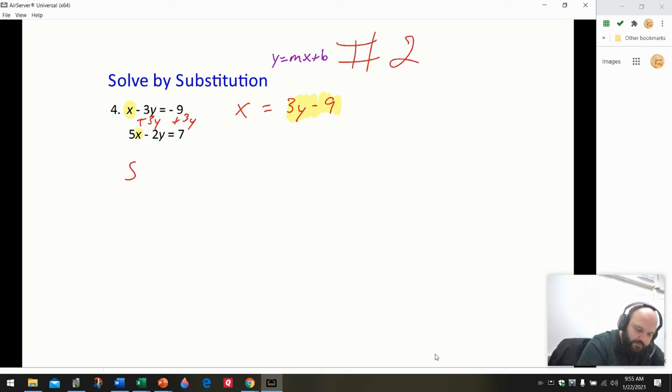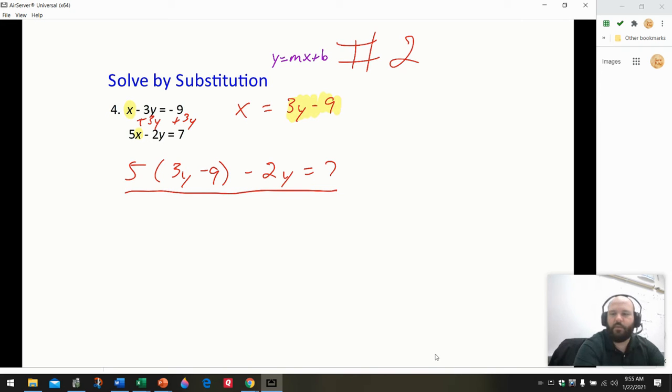The other equation is 5x minus 2y equals 7. In place of the x that was here, I'm now going to write 3y minus 9. And you can see by substituting that in for the other equation, I now have a new equation that only has one variable. And then that is able to be solved for.